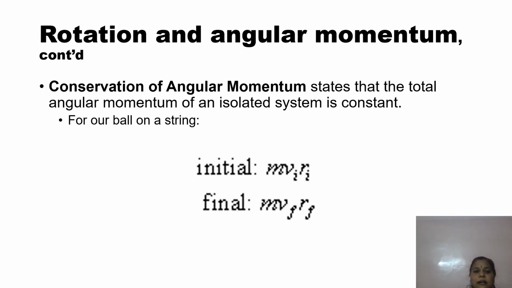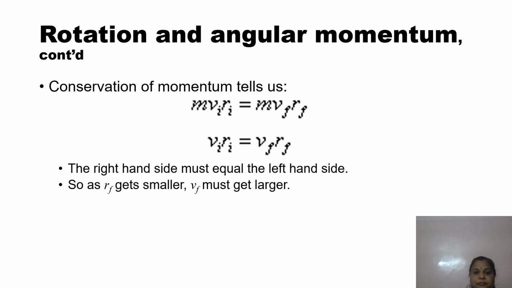For example, before rotation, if the ball possesses the initial angular momentum m v_i r_i, where v_i is the velocity at the initial position and r_i is the radius at the initial position, and after a complete circular rotational motion the final angular momentum is m v_f r_f, then the angular momentum is conserved.